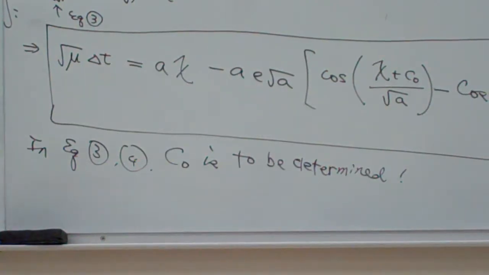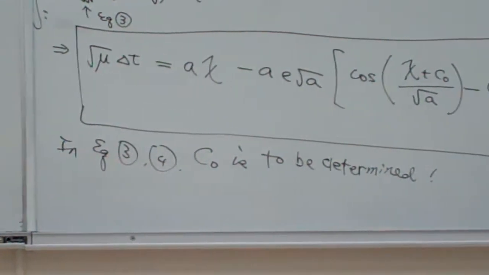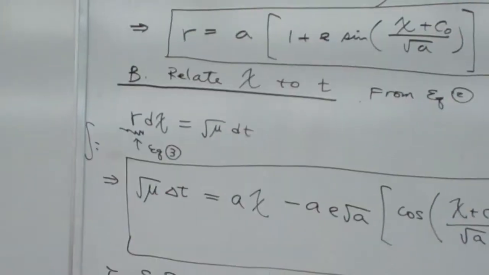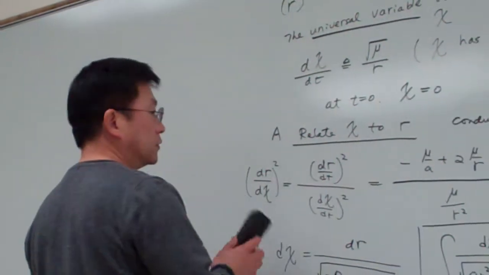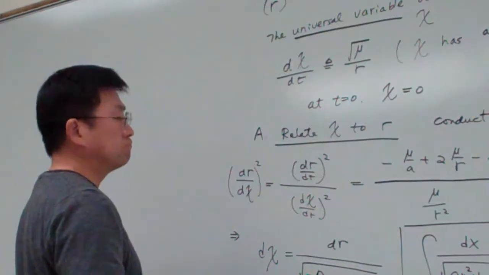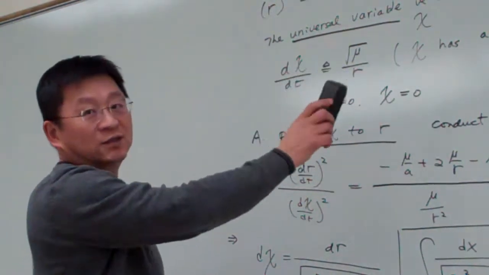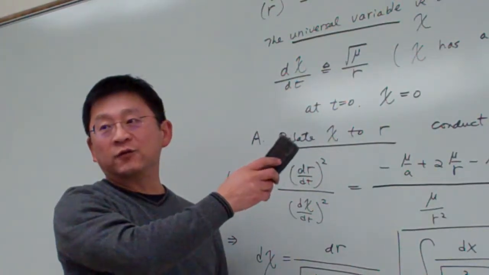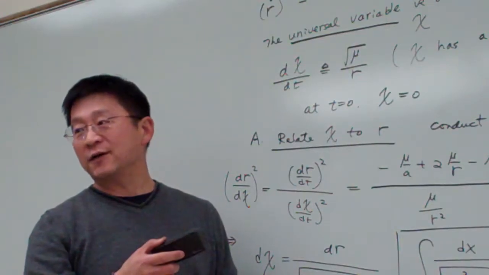So we're waiting for this one to be solved, and then we're almost there. So in this way, in the next subsection C, I want to show you how to determine C0. Once I erase this, you should have all the equations written, so maybe later I just refer to the equation numbers.